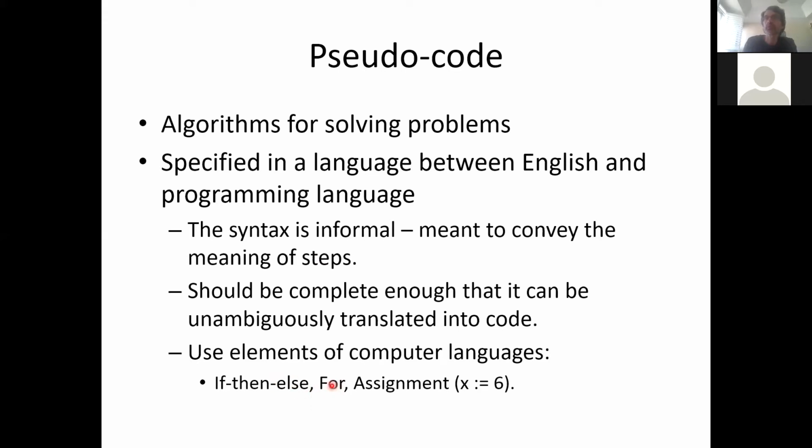You can use the loop construct, like for i equal 1 to n. In fact, we will rarely use this because we'll talk about recursive algorithms. Or assignment, you can use equality for an assignment. This is fine, as long as we can tell that this is an assignment rather than a test. Okay, let's see some examples.